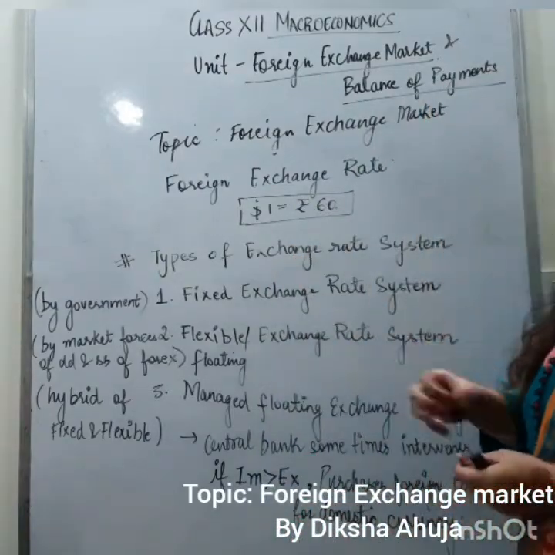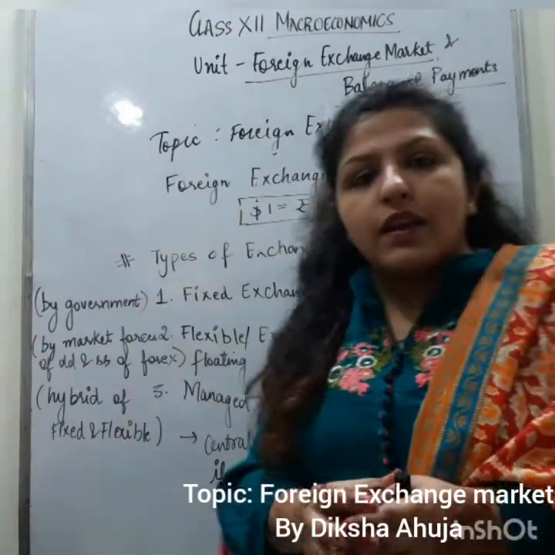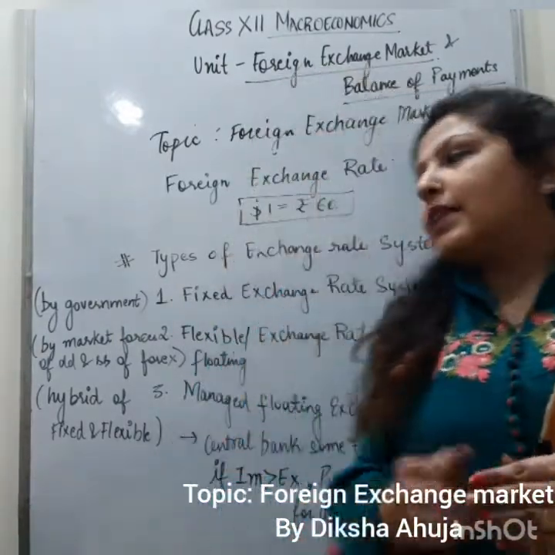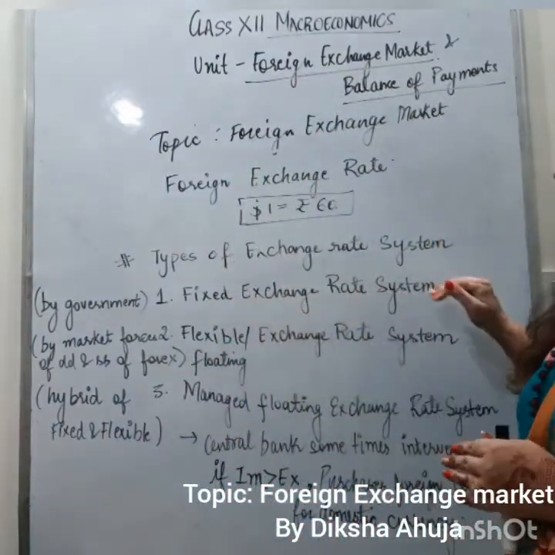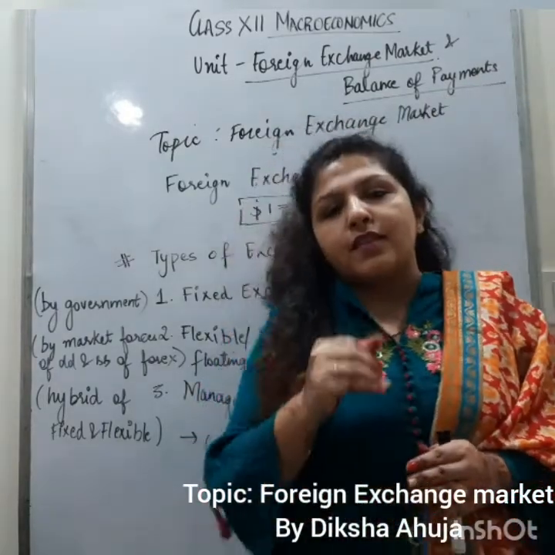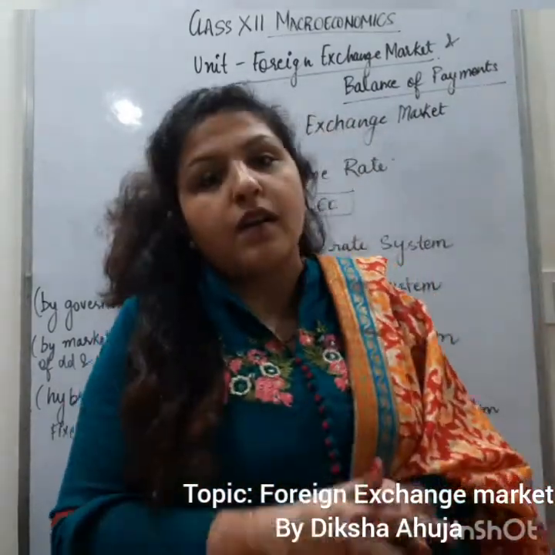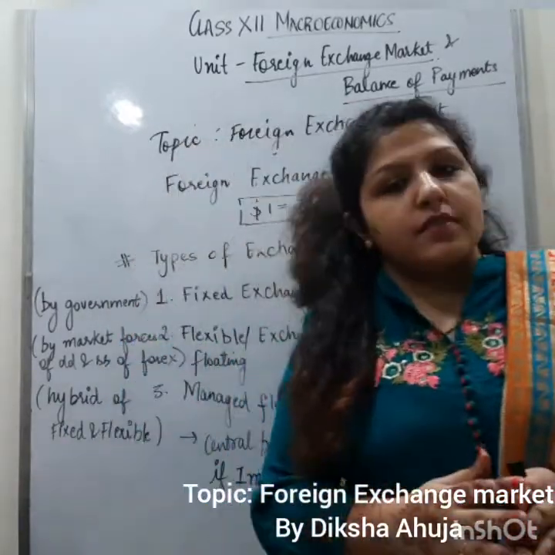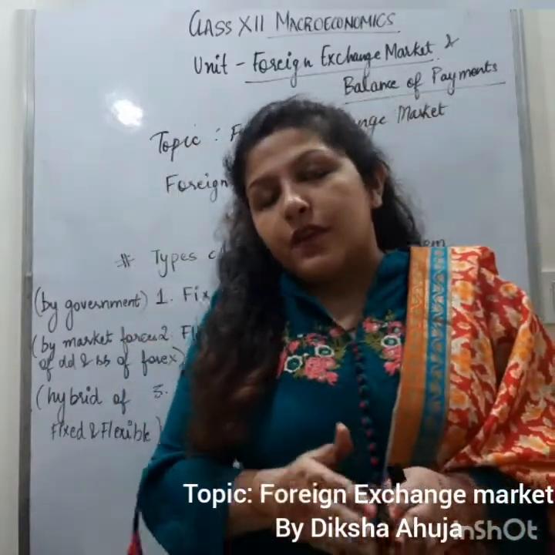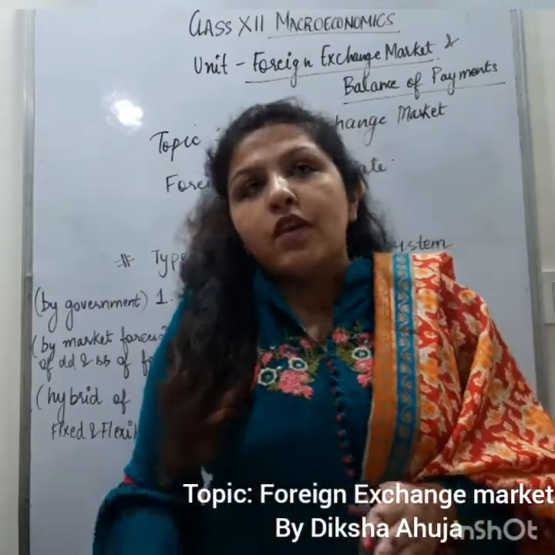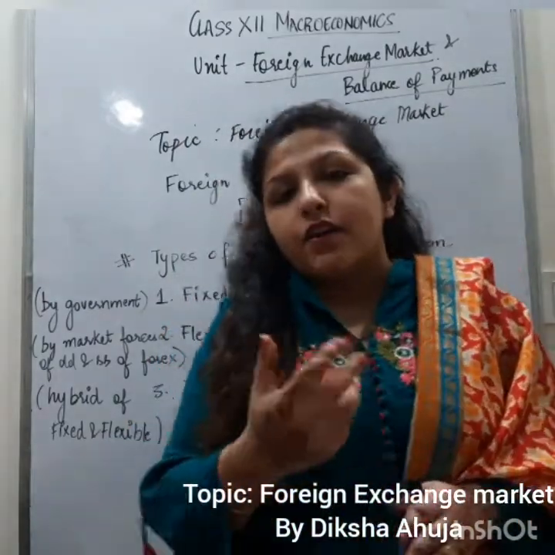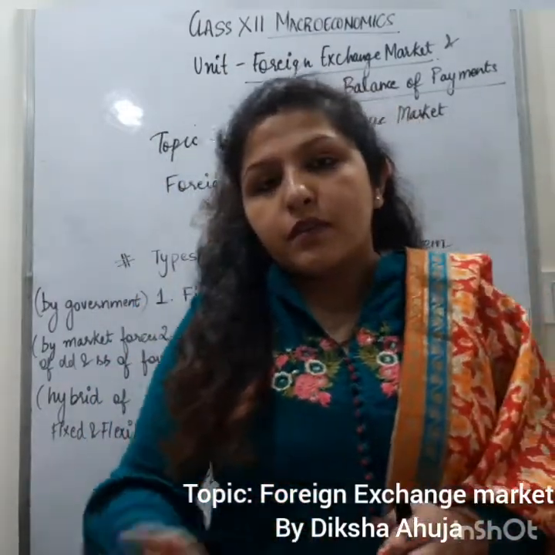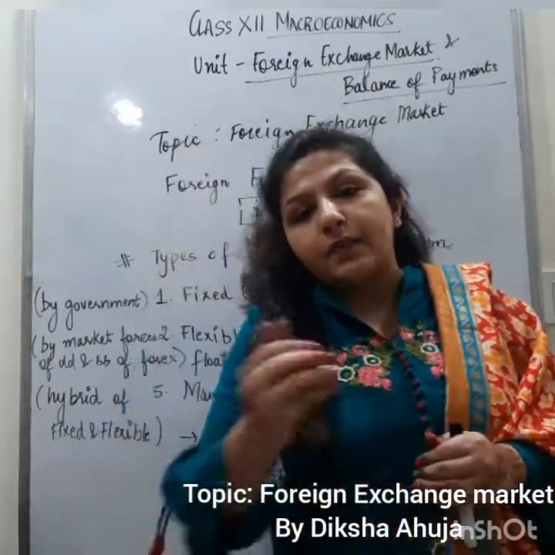Before starting this unit, you should know there are 3 types of exchange rate systems. Before 1970, the fixed exchange rate system was famous. What do you mean by a fixed exchange rate system? Many economies were fixing their exchange rate on the basis of the gold standard or the Bretton Woods system. In the gold standard, the exchange rate is determined according to gold. In the Bretton Woods system, the Indian rupee was pegged.